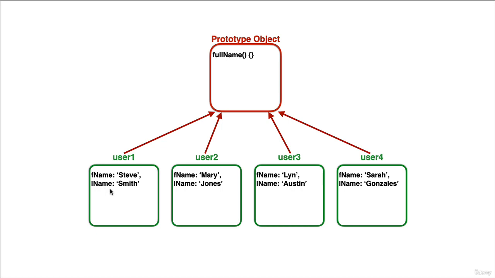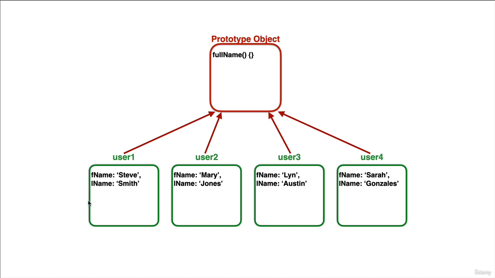It's going to look for a property of fullName that it can invoke as a method. When it doesn't find it, it will look on the object's prototype. That's the first place it will look. And if it finds it there, it will grab it and invoke it. So that is how objects are borrowing properties from the prototype object.